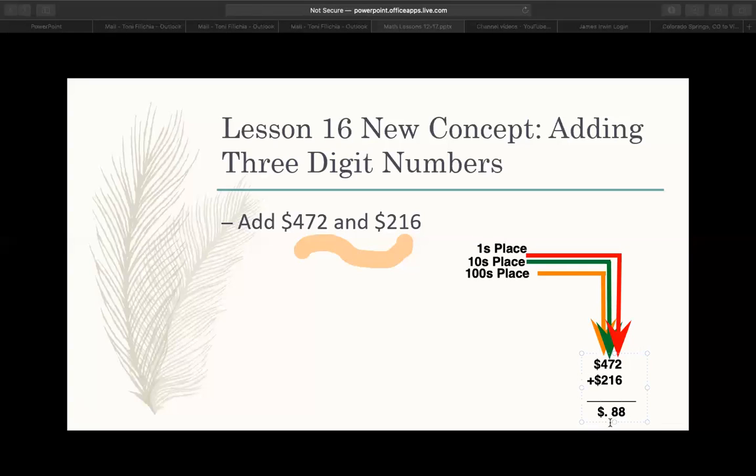And finally, looking at our hundreds place, what is 4 plus 2? 4 plus 2 is 6. So our sum for $472 plus $216 equals $688.